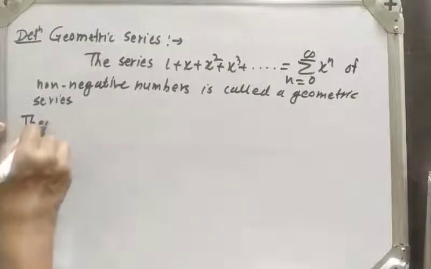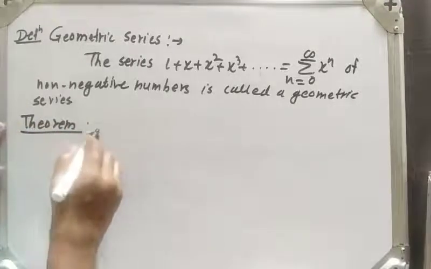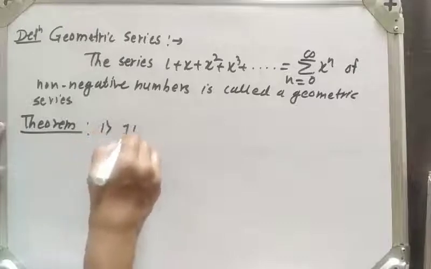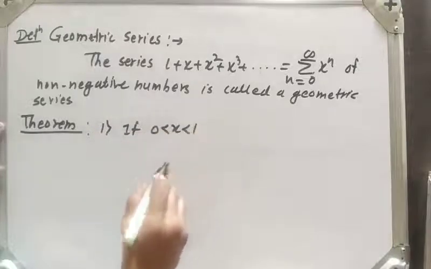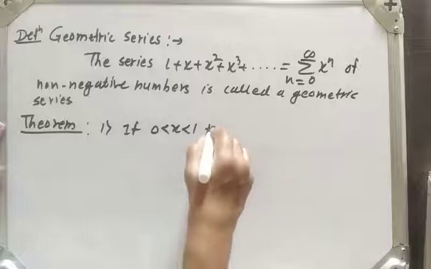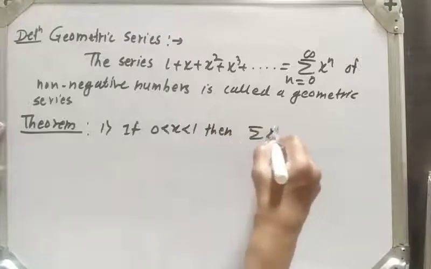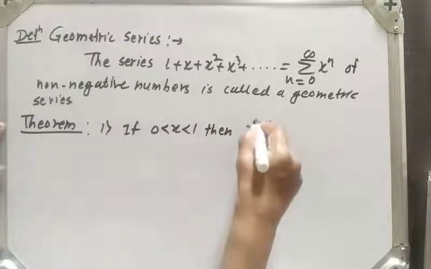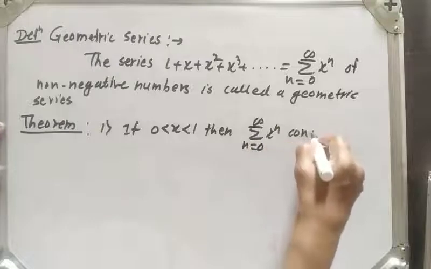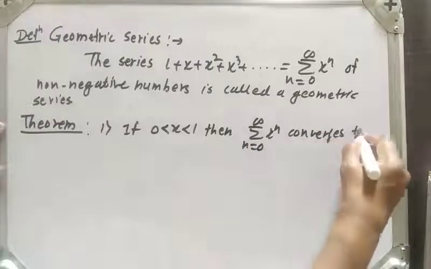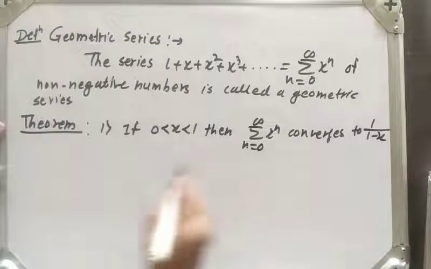Related to it, we will prove one theorem. The first part of it: if x is between 0 and 1, okay, then the geometric series sum of x raised to n, n varies from 0 to infinity, converges to 1 upon 1 minus x.